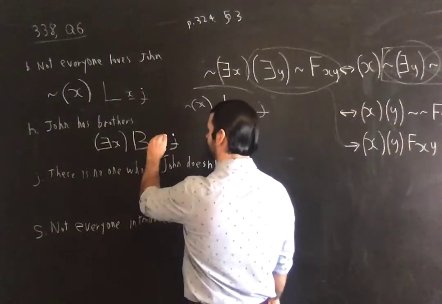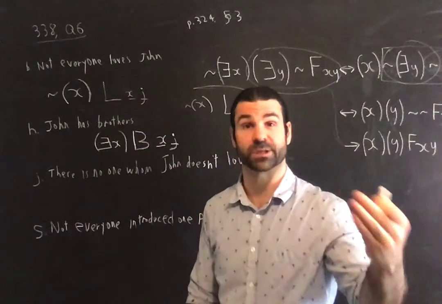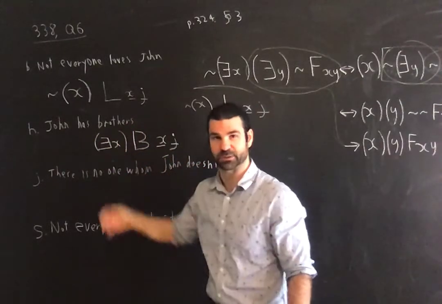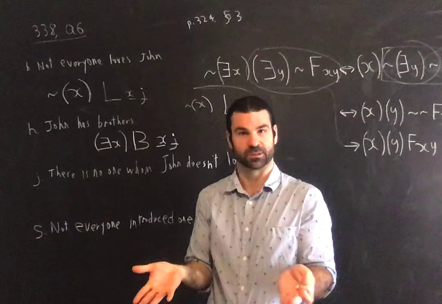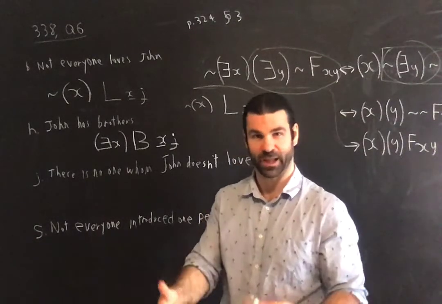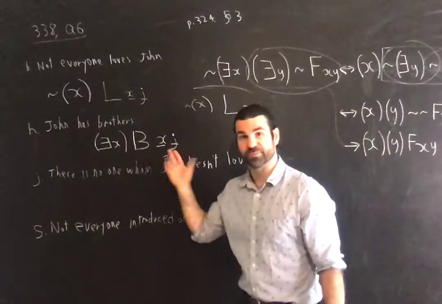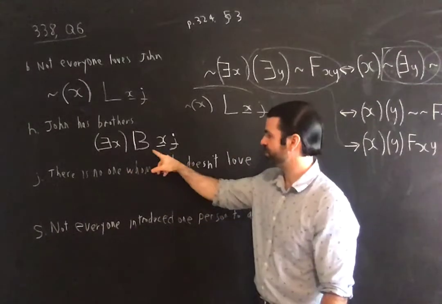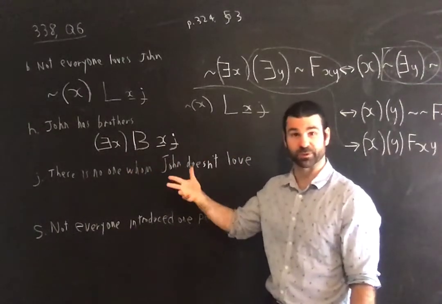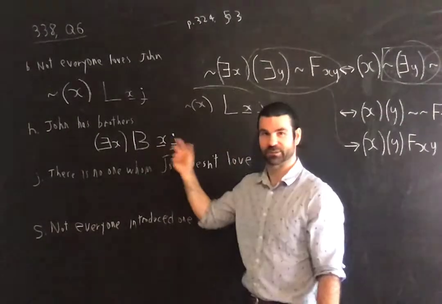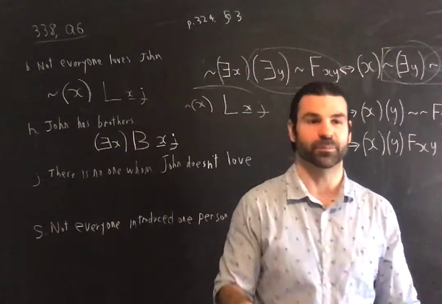So from that paraphrase, it's clear that it's an existential statement. You've got to hear the existential. John has brothers. I'm asserting that there are beings that are brothers of John. There exist brothers of John. This could be BJx. That is also equivalent because brother is a symmetrical relation. So if he has brothers, you could say he is a brother.